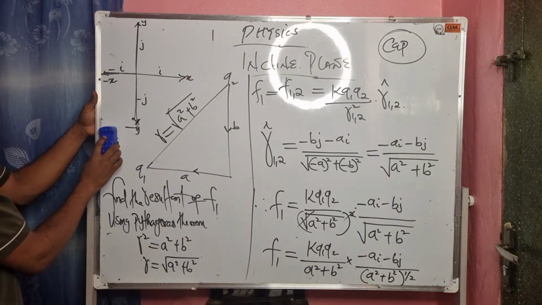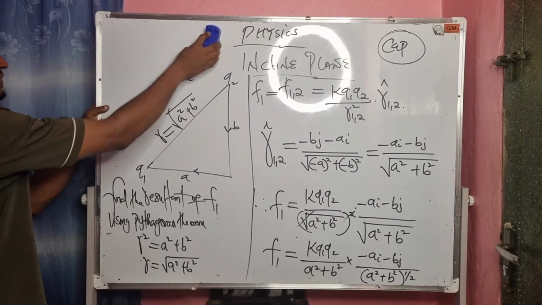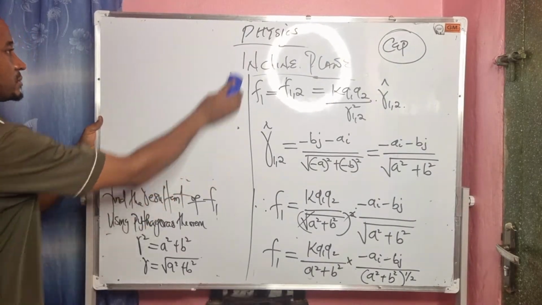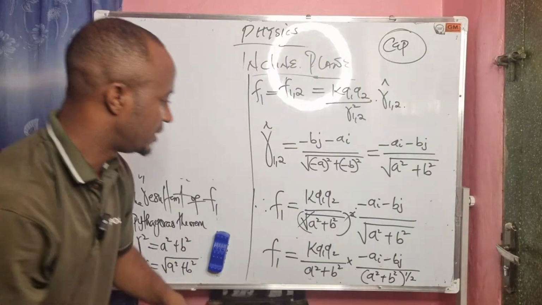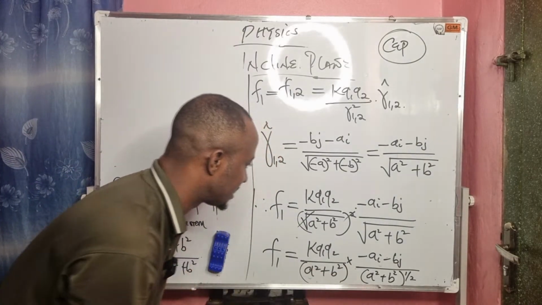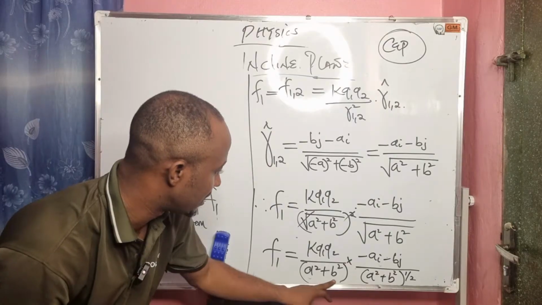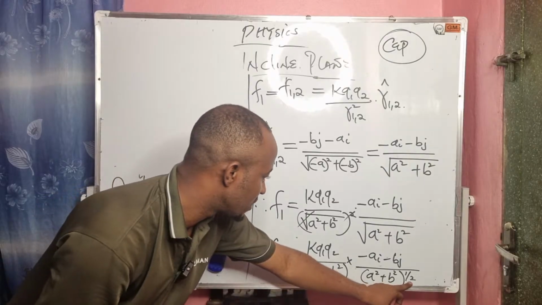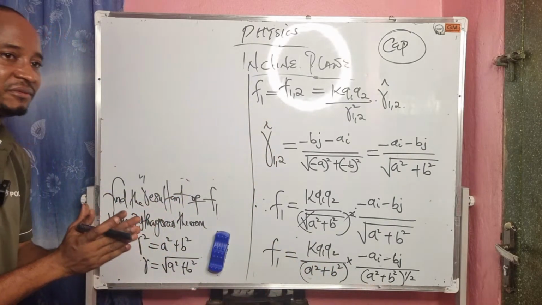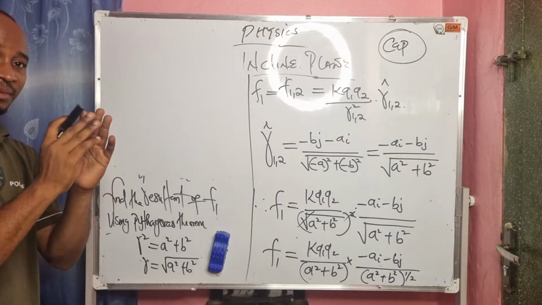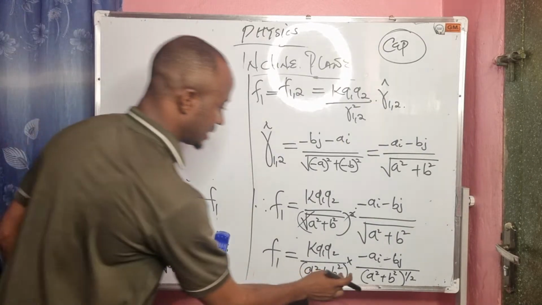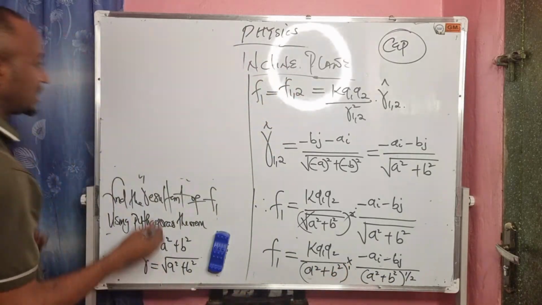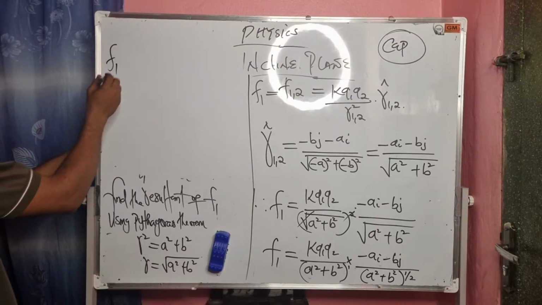Now, what do we do next? Let's finalize. These two have the same parentheses, a squared plus b squared. The power is 1, and the power here is half. When we have a similar base, we can pick one base and add the powers. The power here is simply 1. So here will now give us what? F1 equals to what?